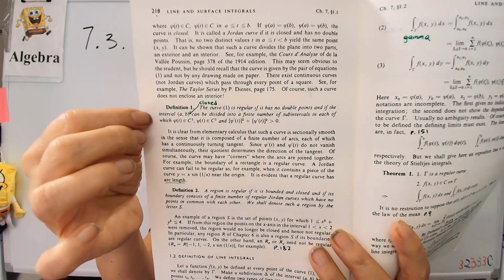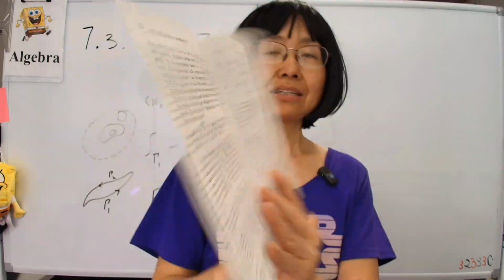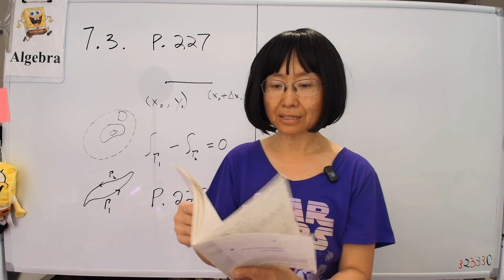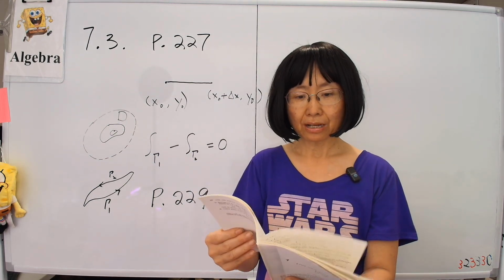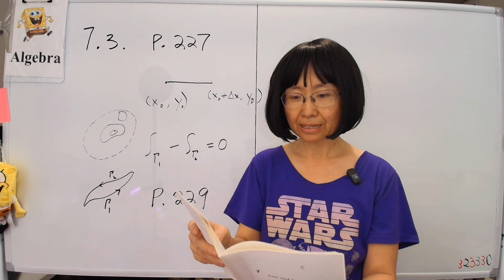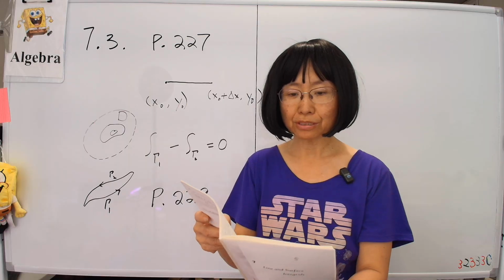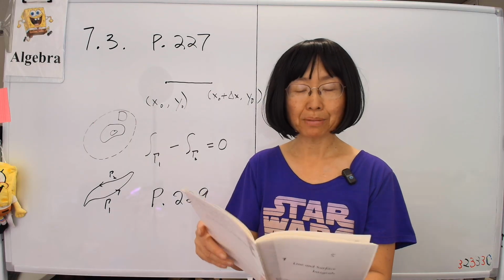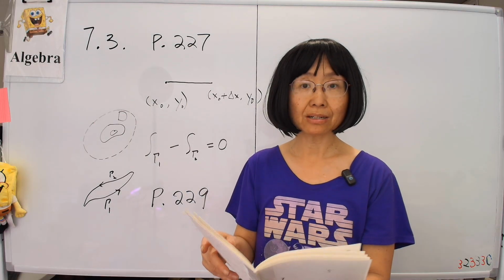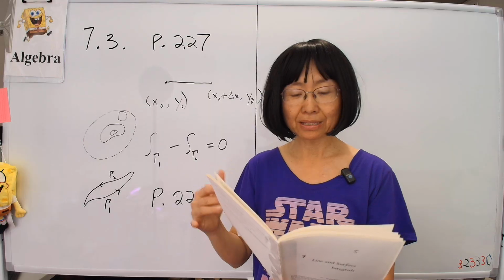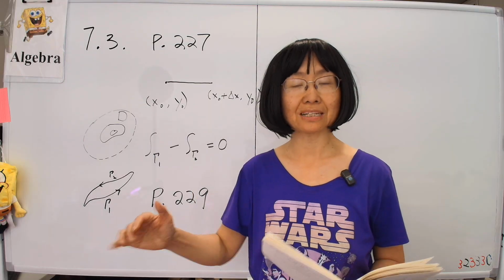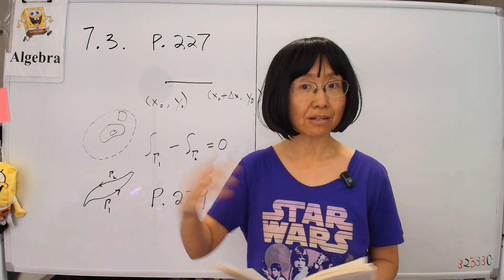But in this theorem, even though we do require gamma to be a regular curve, the theorem still works even if gamma crosses itself sometimes.